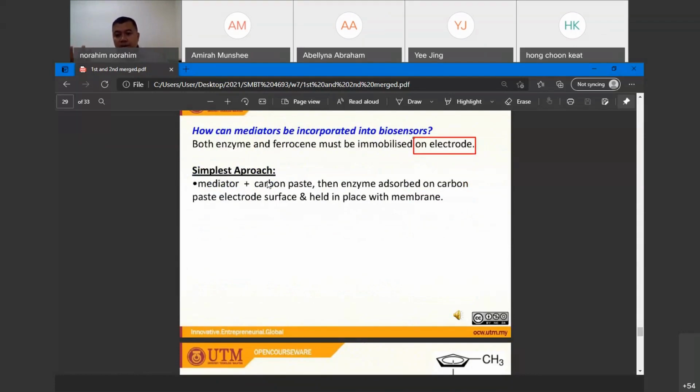You have a carbon powder, you put some water inside it, or other organic solvent, and you produce a paste, something like a slurry, bentuk dia macam lembik-lembik sikit, but it doesn't dissolve. Then your enzyme is adsorbed on the carbon paste electrode surface and held in place with a membrane. Lepas you immobilize your mediator and your enzyme, you put a membrane on top of your electrode to make it stable.